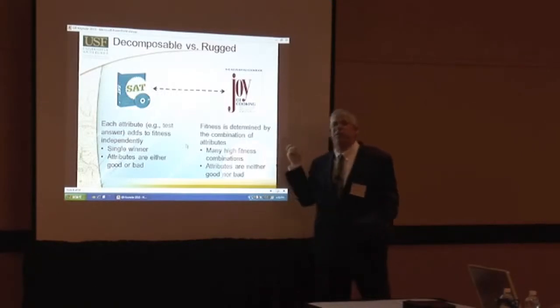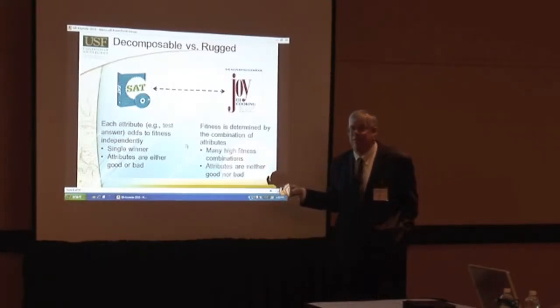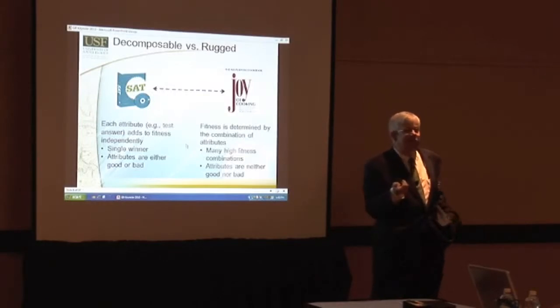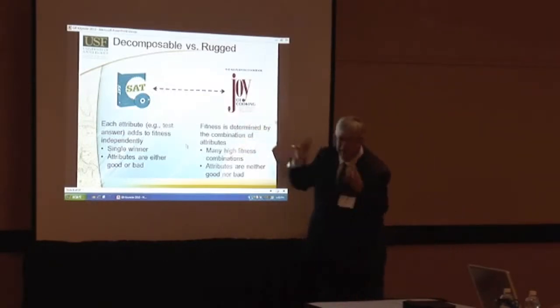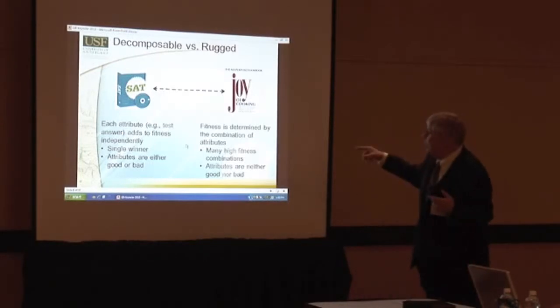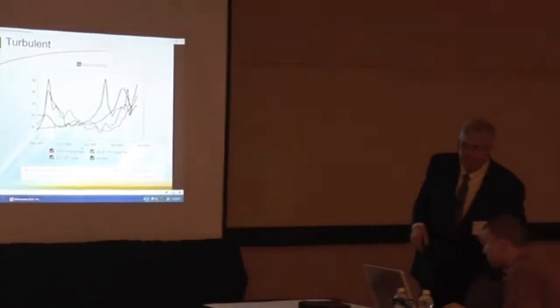Well, garlic is a good attribute in some contexts, like lamb, and a bad attribute in other contexts, like angel food cake. So as a consequence, here it is the combinations that matter much more than the individual attributes, so it's very context dependent.